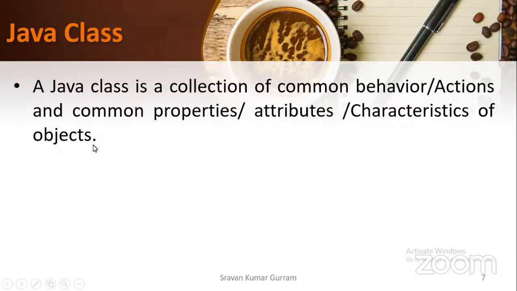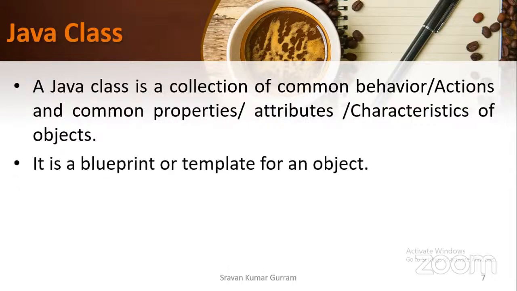That is what we have discussed just now, right? A class is a collection of common actions and common properties of the objects. That is the definition of the class. Or you can say it is a blueprint or a template for an object. Obviously, the properties an object has, we are writing at a single place. That's why you can say it is a blueprint.